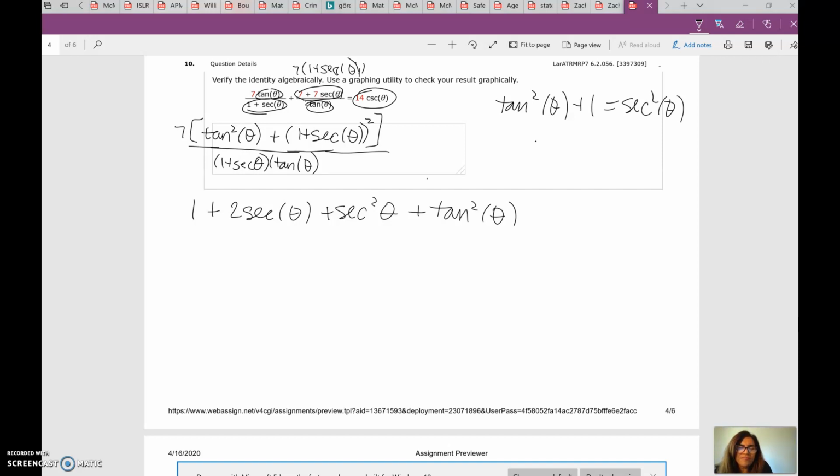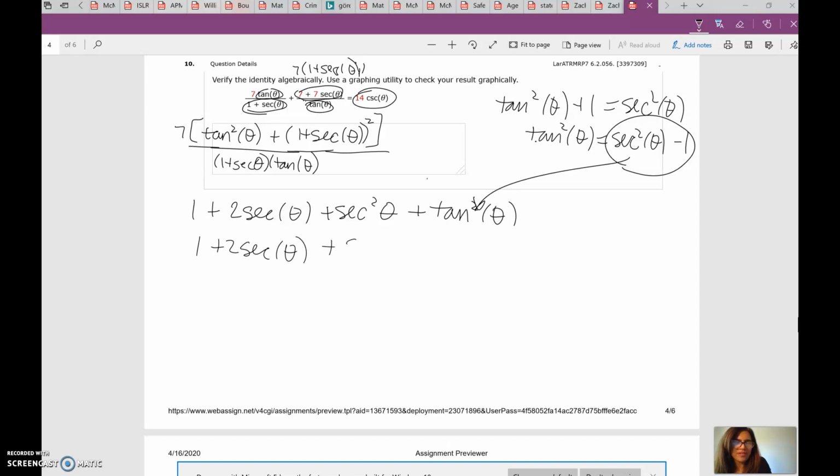So we could say that tan squared theta is equal to secant squared theta minus 1, and make that substitution in here. So that will give us 1 plus 2 secant of theta plus secant squared theta plus secant squared theta minus 1.